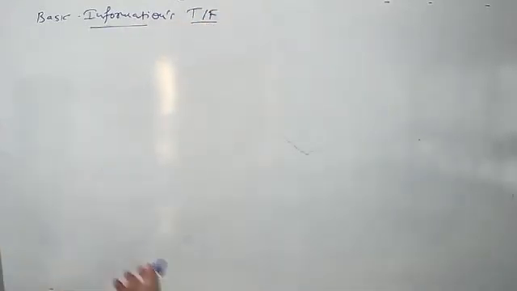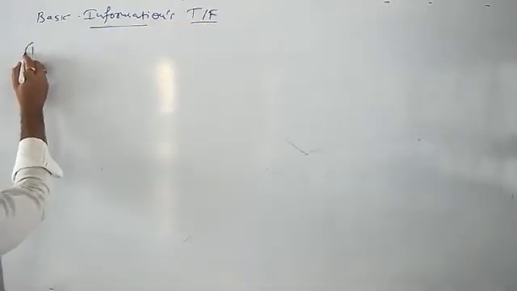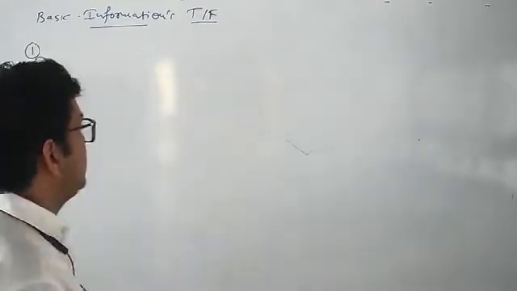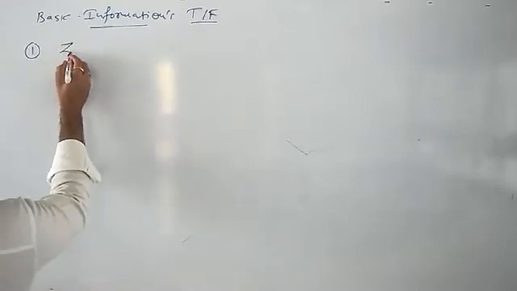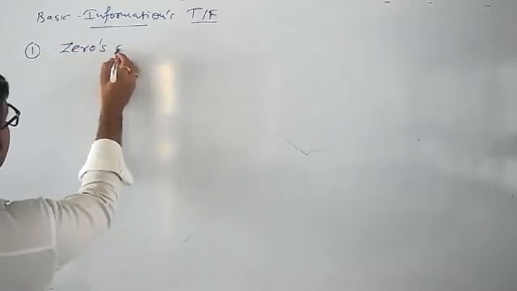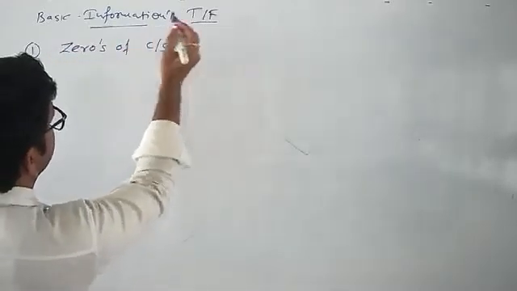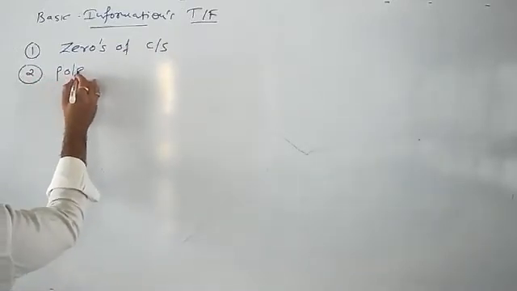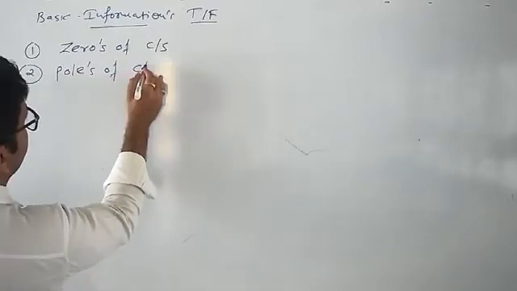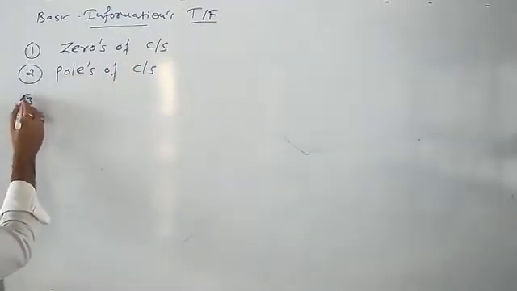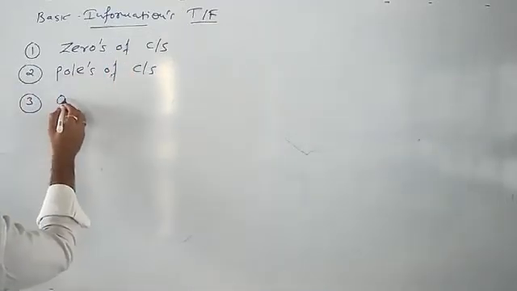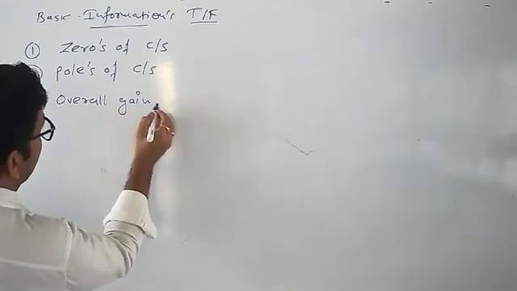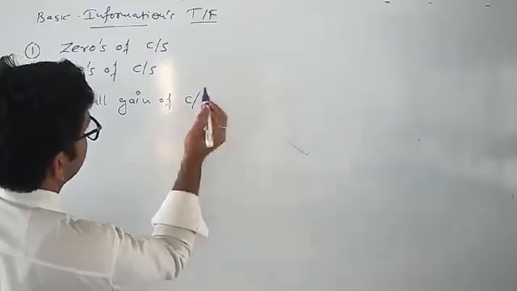So what are those basic informations? First information which we will get from transfer function is that we are in a position to determine the zeros of given control system. Second thing is that we are in a position to determine the poles of given control system. Third thing is that we are in a position to determine the overall gain of given control system.